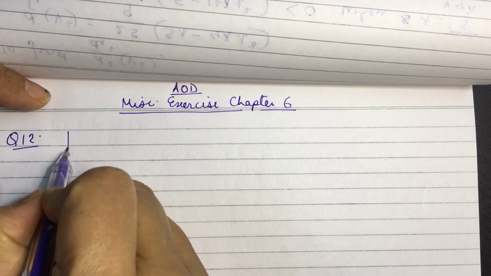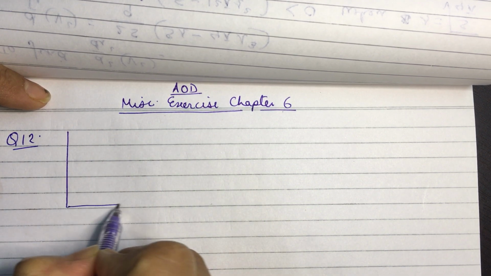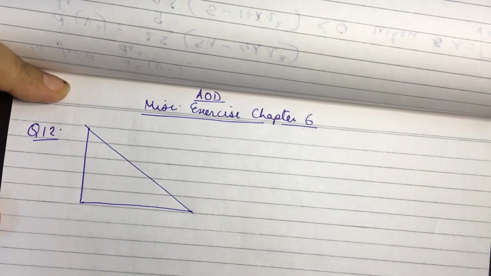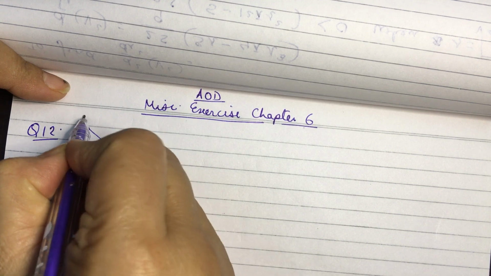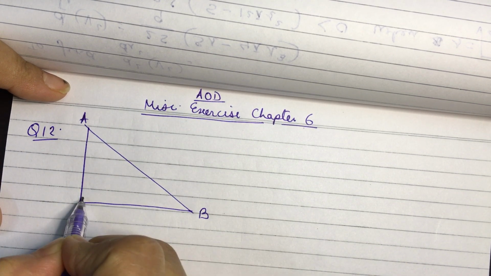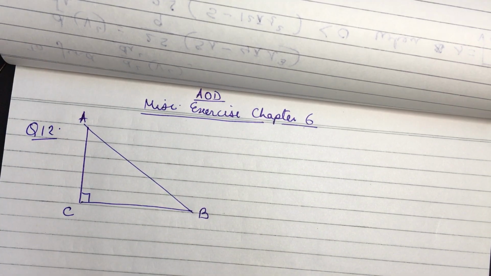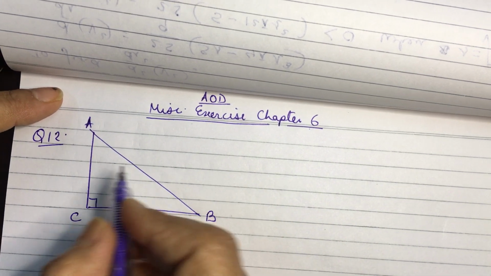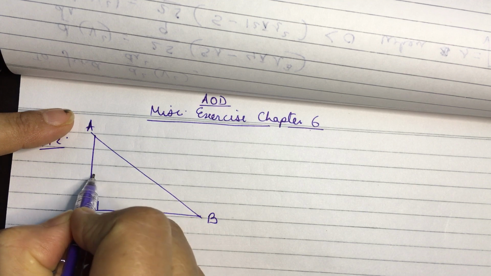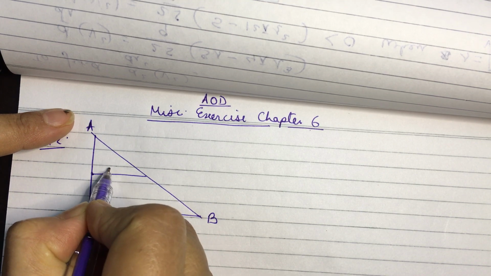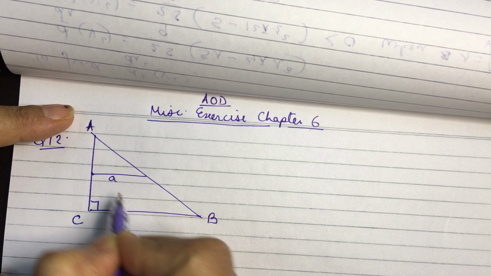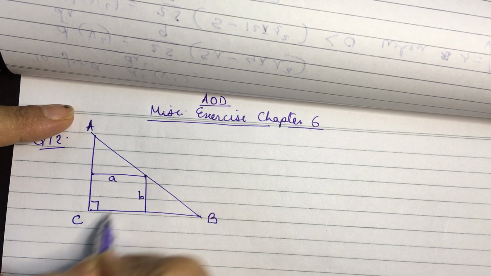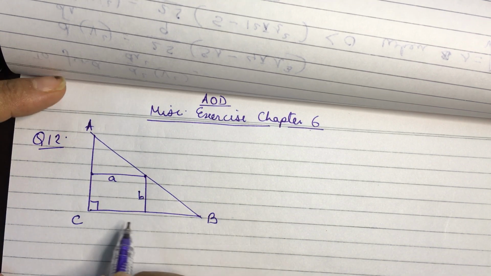Now, here, what is given to us is the hypotenuse. Let the hypotenuse of the right angle triangle be AB and let this be C. Now, we are given that a point on the hypotenuse is at a distance of A and B from the two other perpendicular sides.